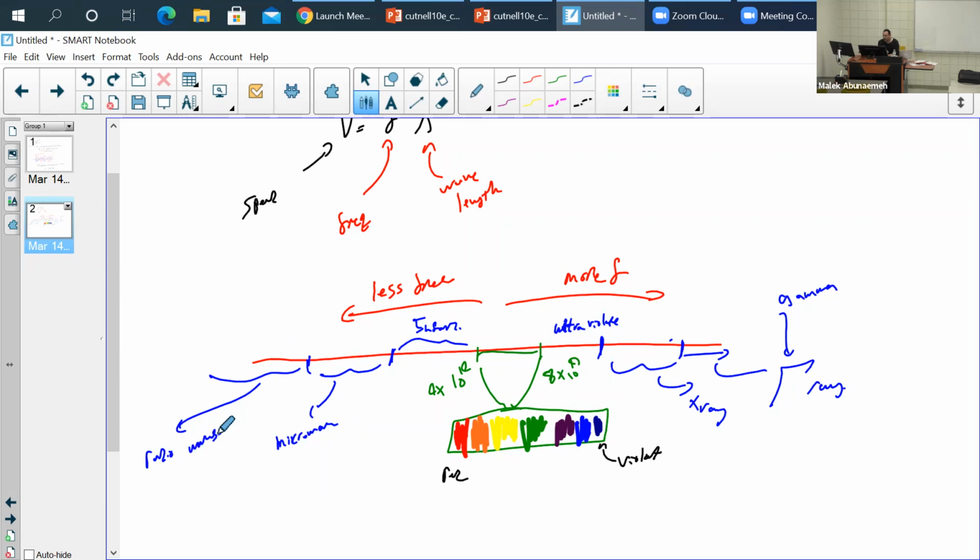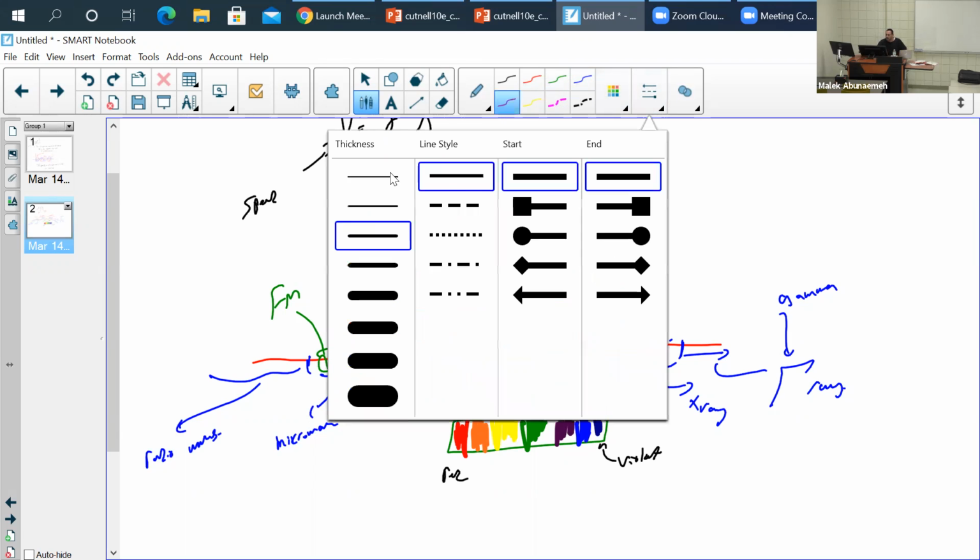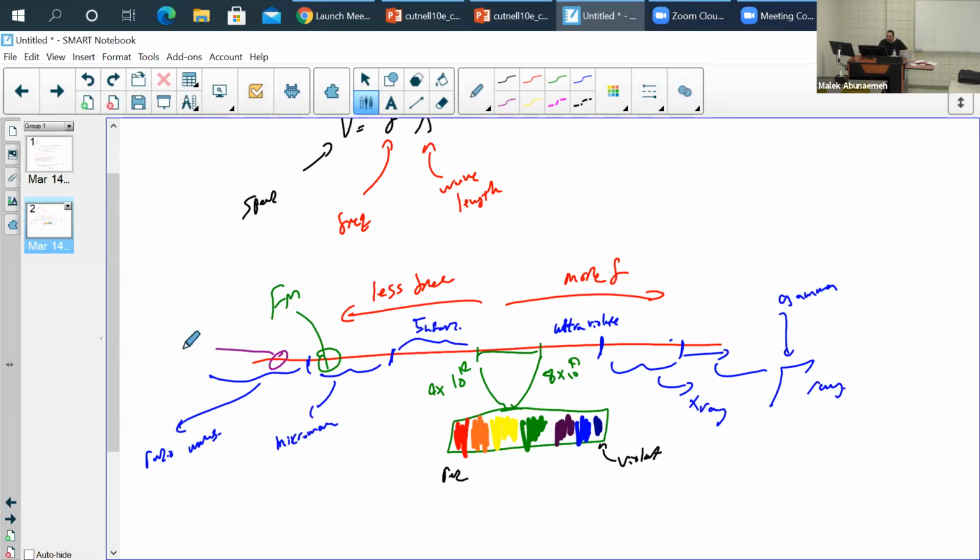The interesting part is that your FM radio waves are included in the microwave region, while the outside region where you get the radio waves, that's where you have your AM.